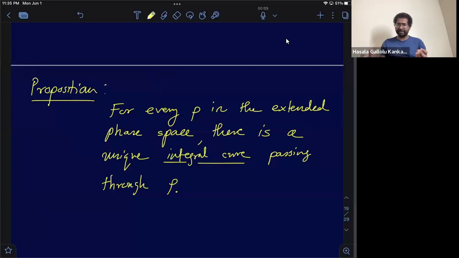That's exactly why we are going to have smoothness on this dynamical system at the beginning. Later we can extend and catch all the subtleties along the way. So for now, for every P in the extended phase space, there's a unique integral curve passing through that.